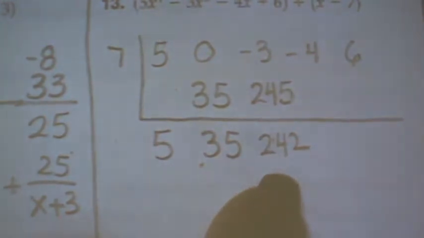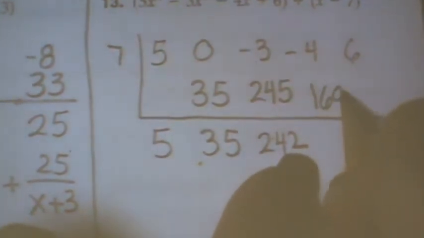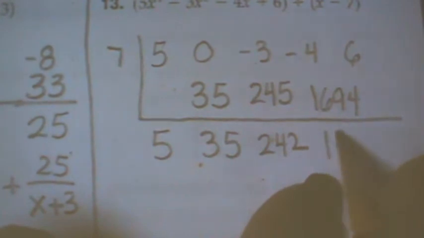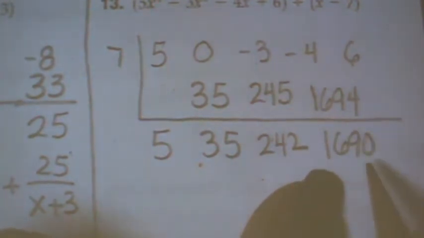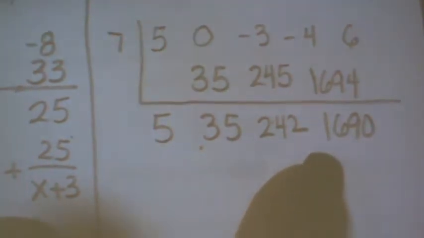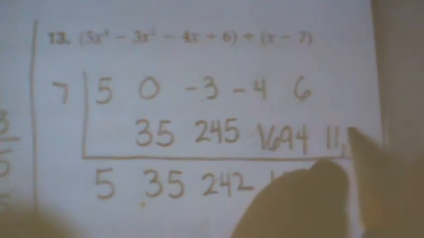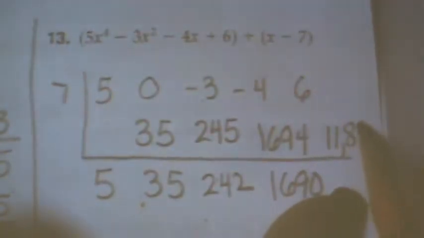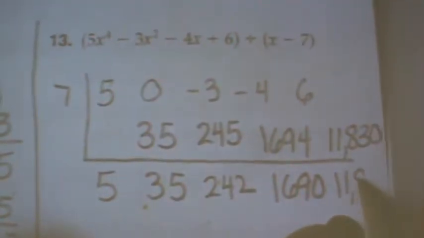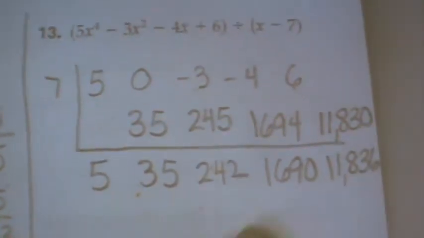Multiply, you can do that one. 1694. Add. 1690. That's painful. Wow, 11,830. So what's my remainder? 11,830.